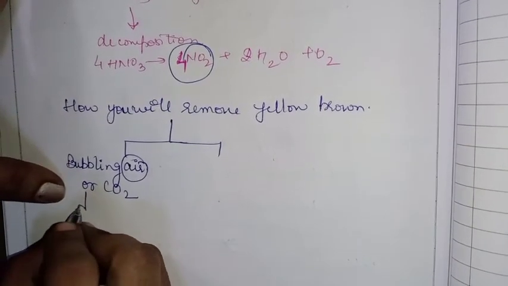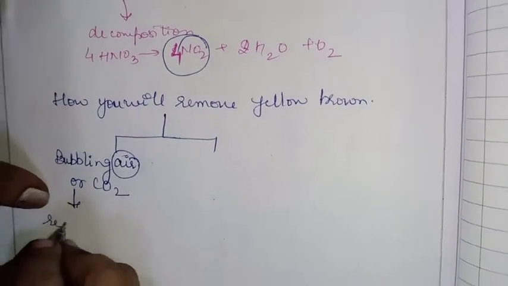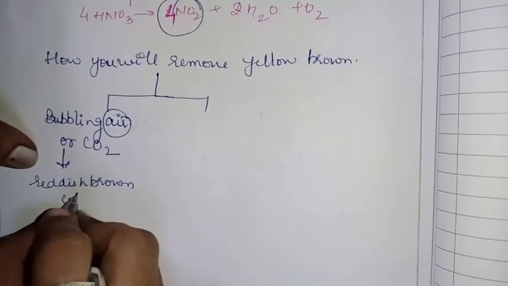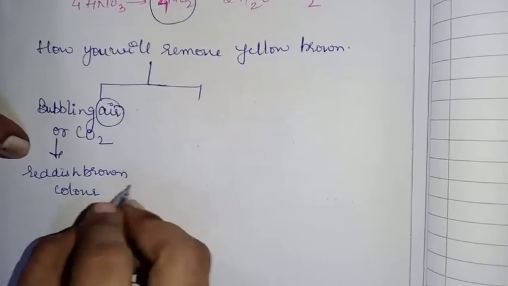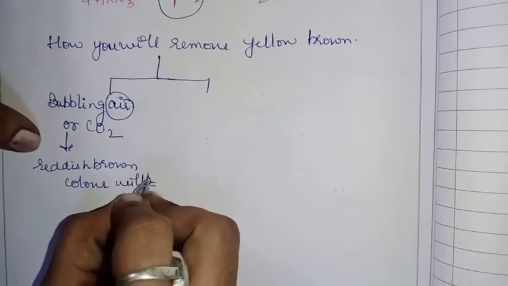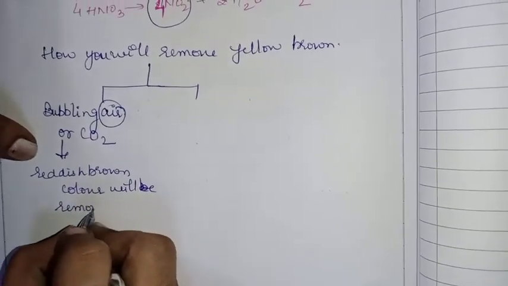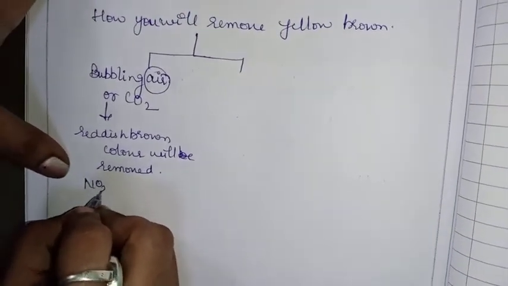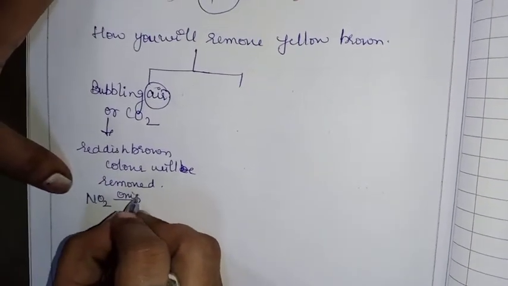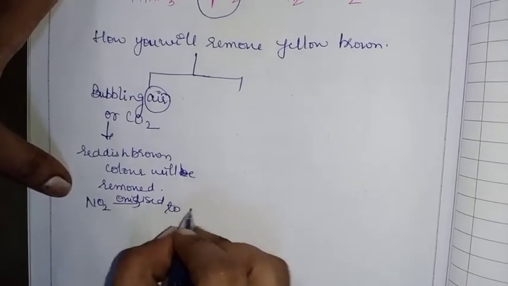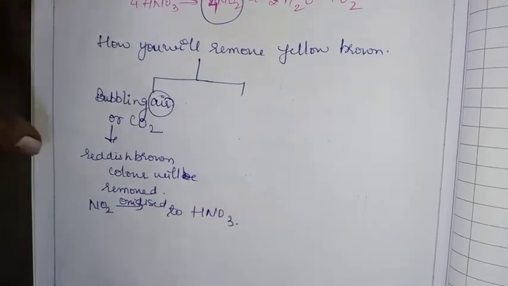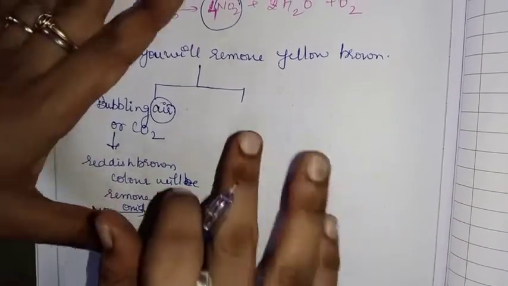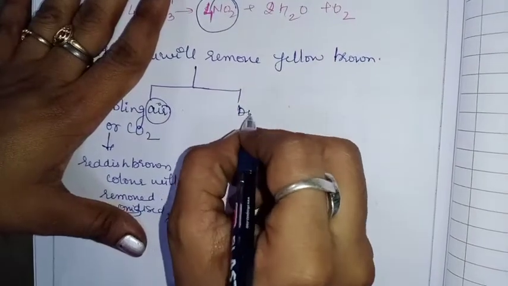So the reddish brown color will be removed, and nitrogen dioxide will again get oxidized to HNO3, children.